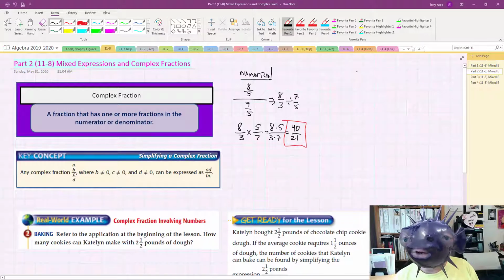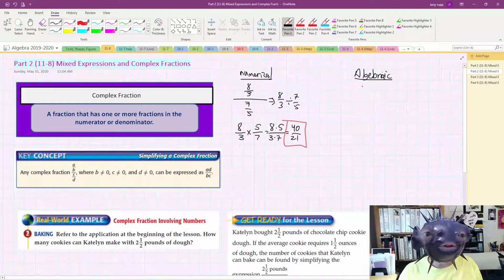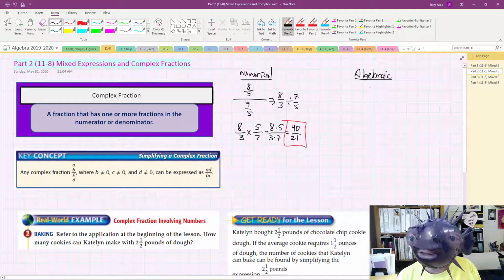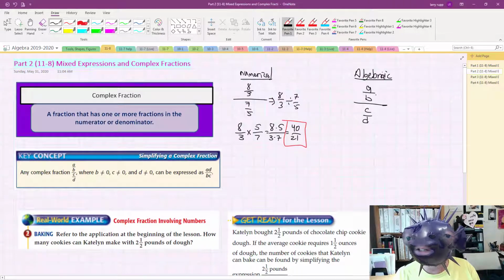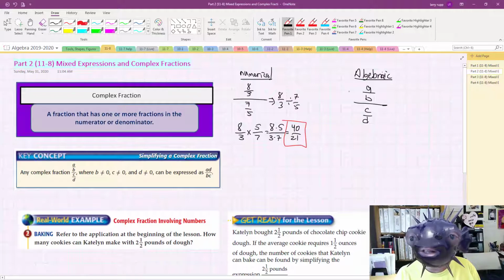Well, here's an algebraic example, and we're going to use just straight letters: A over B divided by C over D. Now you'll notice on both of these, the little fraction bar I've made as a small one, and the bigger one I made bigger, so that it's really easy to tell.